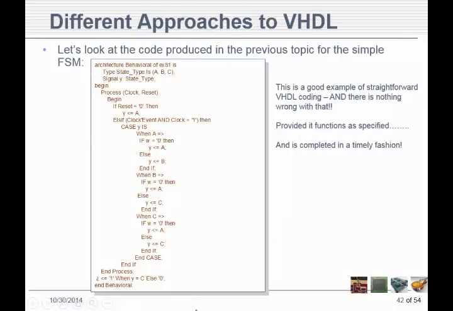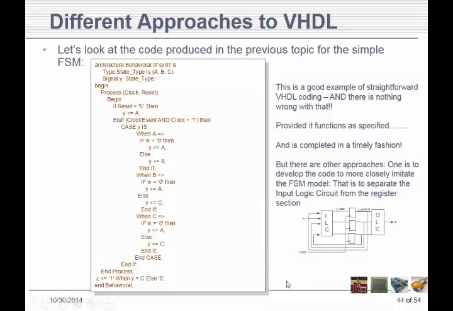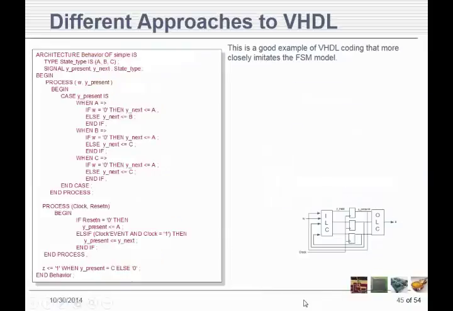Okay, here we got the VHDL code from the previous topic. It did what it was supposed to do. The other approaches, we could develop our code a little bit closer to whatever our particular circuit was. I'm trying to remember why we've got two processes.